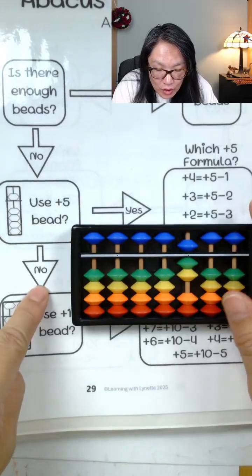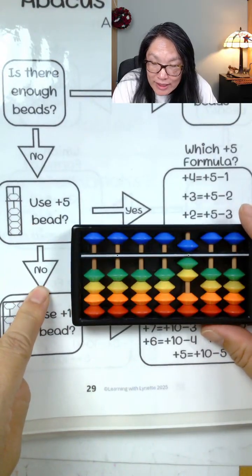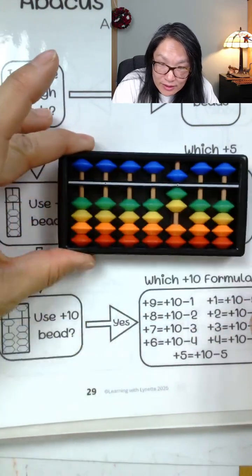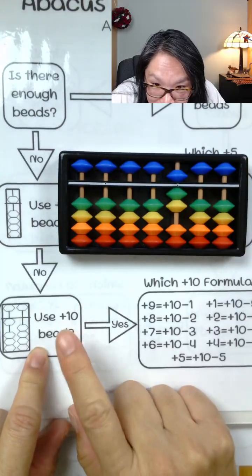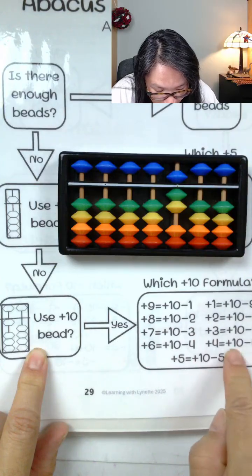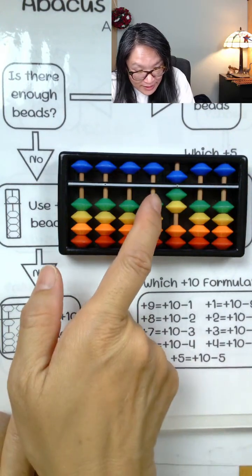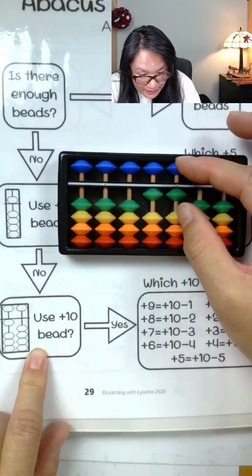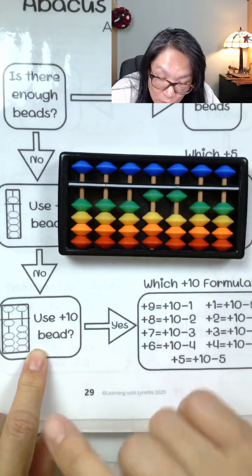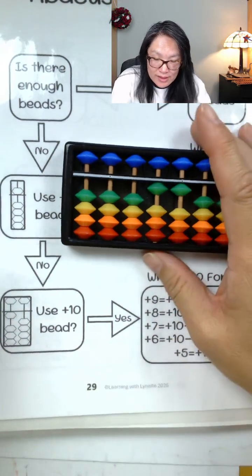No, we cannot add the 5 because we're already using it. So we need to add the 10. Plus the 10 minus the 6. So my final answer is 11. It works the same way.